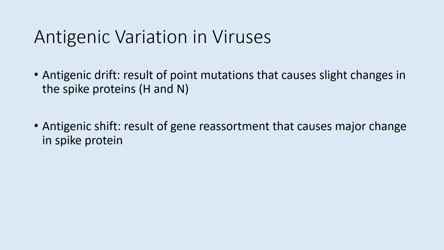And this occurs fairly frequently. It's just a small change, small mutation in it. Antigenic shift is when there's a major change in those spike proteins. And that's typically when we see a bad flu season, because it's more of a larger mutation, a bigger change in it. We give these proteins numbers.